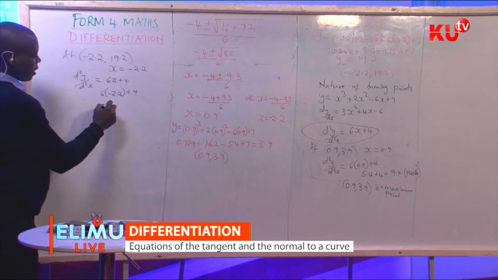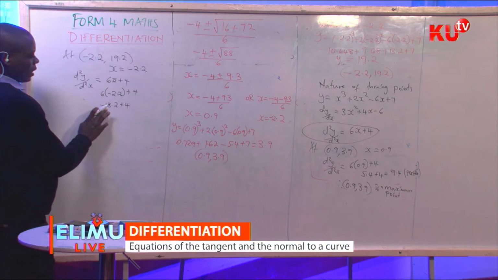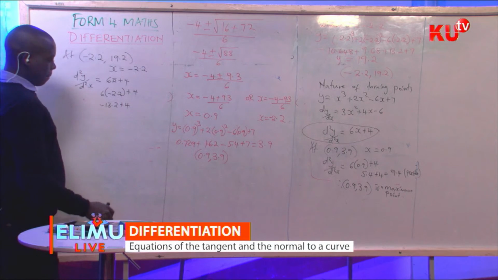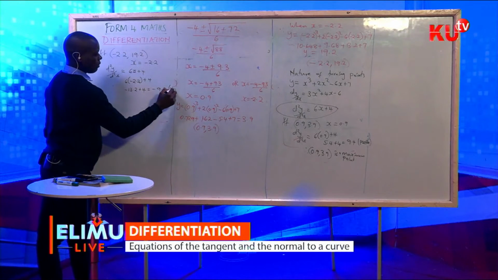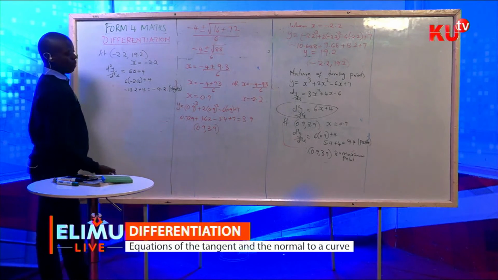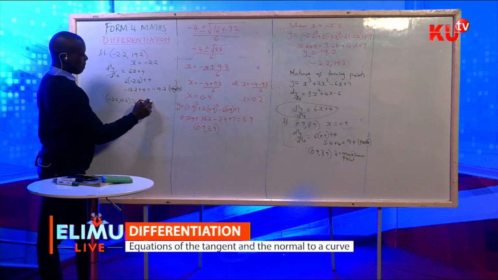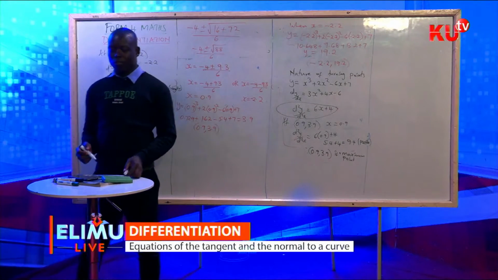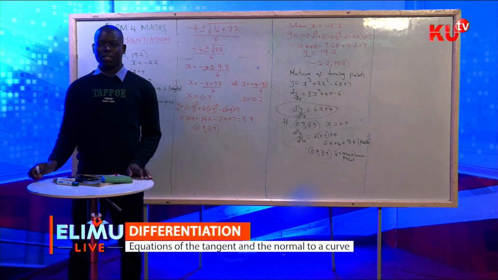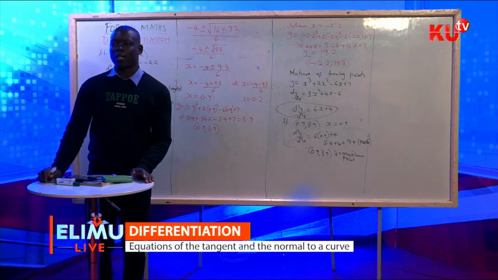You get negative 13.2 plus 4. What is negative 13.2 plus 4? Yes, negative 9.2. That value is a negative value, implying therefore that the point negative 2.2, 19.2 is a minimum point. So that is the simplest way, students, to determine whether the given points are minimum or maximum.